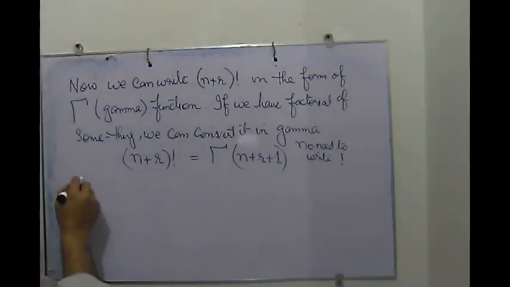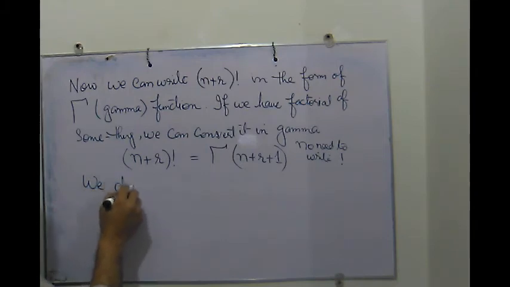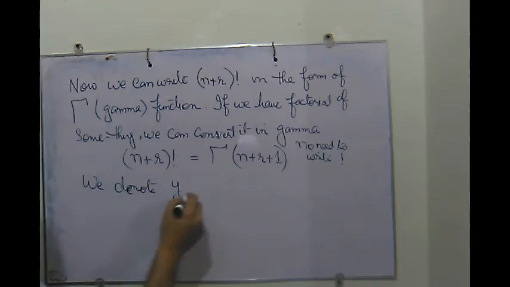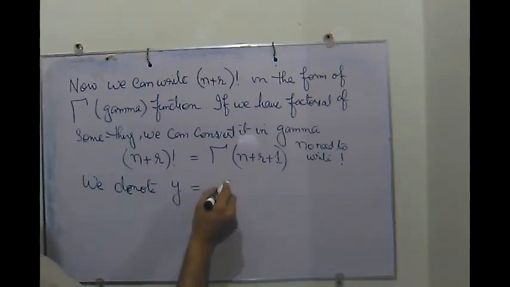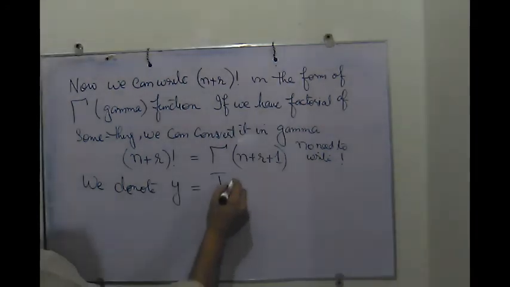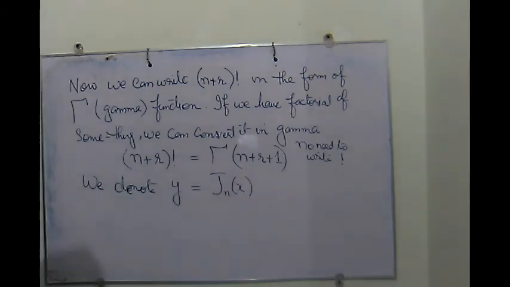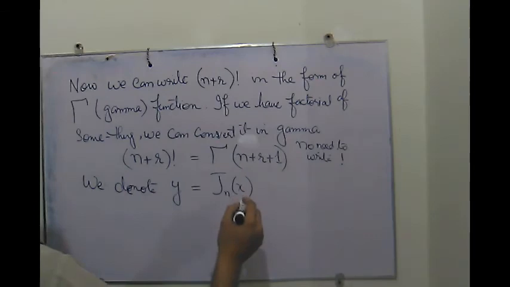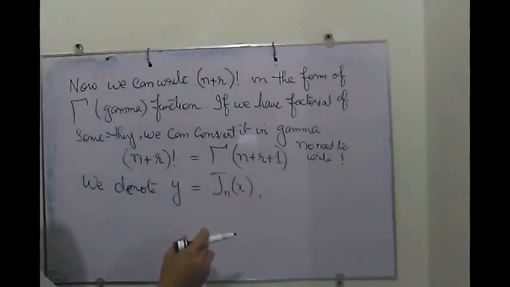Before this, we denote y, because it is a solution, as Jn of x. We give it a special type, Jn of x, so that we can know that it is the solution of specifically Bessel differential equation.